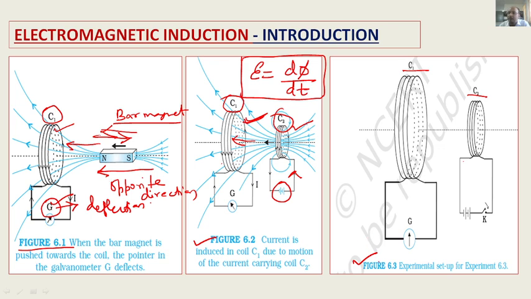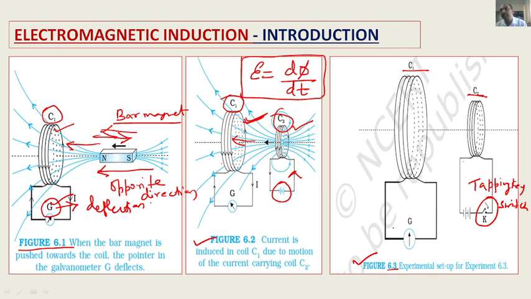Right? In figure 6.3, third experiment, the current carrying coil C2 is taken, but it is connected with a tapping key, which is an electrical switch. In the first instance, that electrical key was kept in the open position, which means no current is flowing in coil C2.